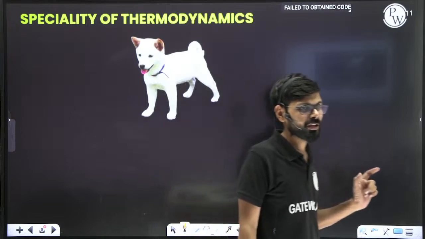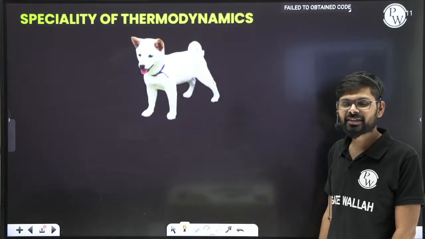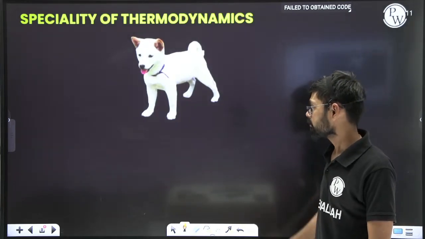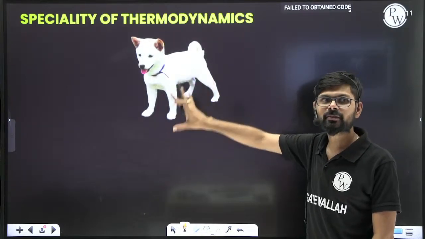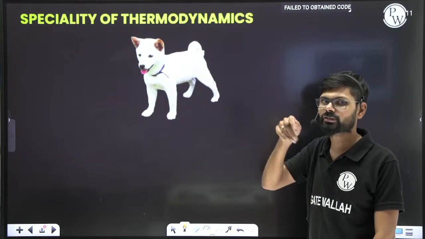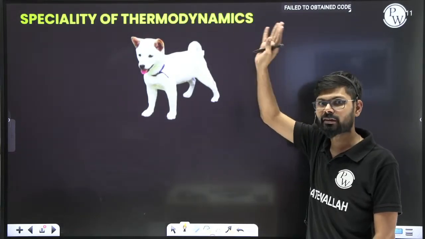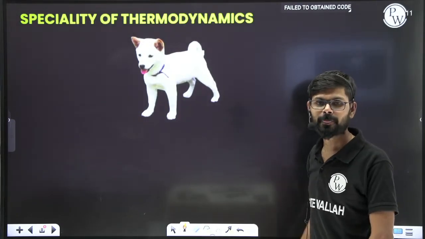Sir, okay, but why is this photo there? The interesting fact is the tail of this dog, any dog, is never straight. It will always be round in shape. Even if you put it in a pipe for several years, if you remove the pipe again, it will be round only.